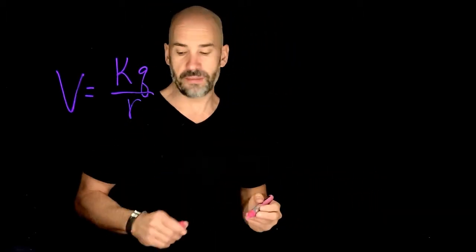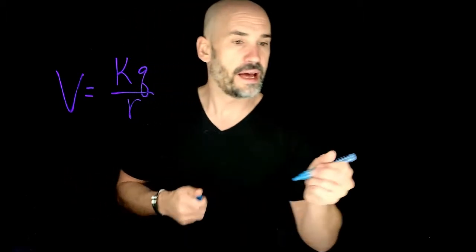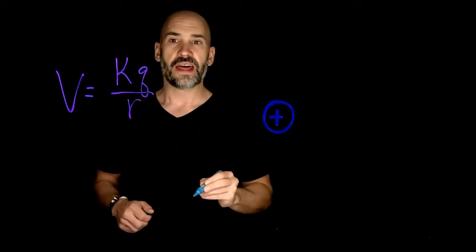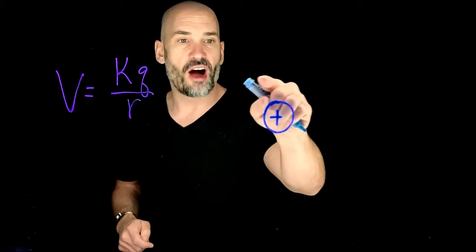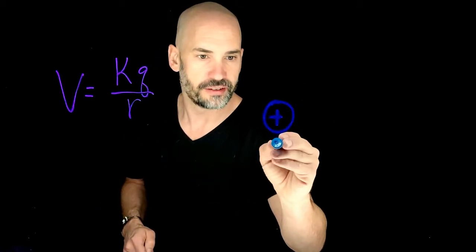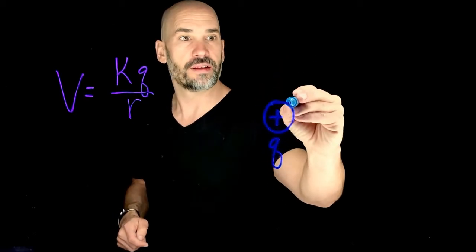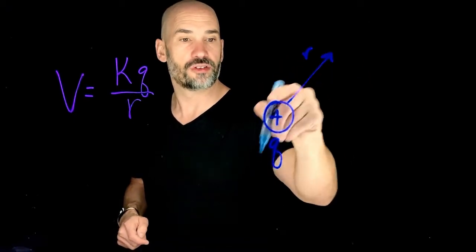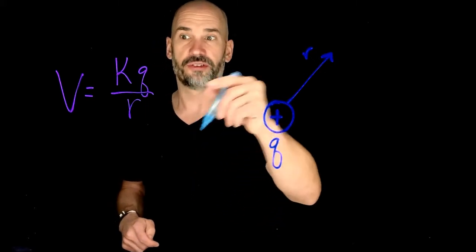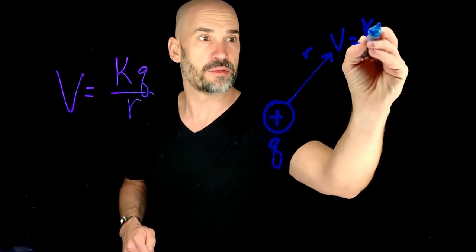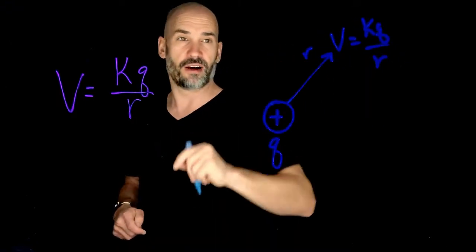Okay? So what does that mean? It means that if I over here have a positive charge, let's say it's charge q, every distance r away from that charge will have a certain potential that's equal to k times q divided by whatever that r is.